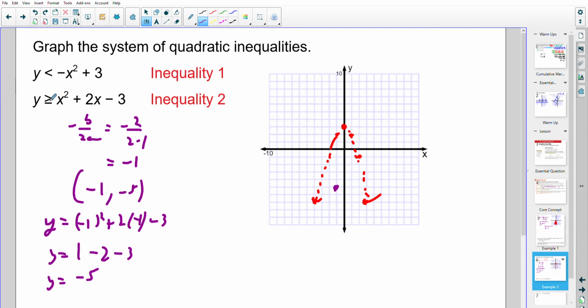It's going to open up, and now you want to test a point. 0 is going to be the easiest point. 0 is at 3, so negative 3, so that's 1 point. By symmetry, that's going to be the other point. And maybe if I put in 1, that's also a convenient point. So if I put in 1 plus 2, you get 3 minus 3.